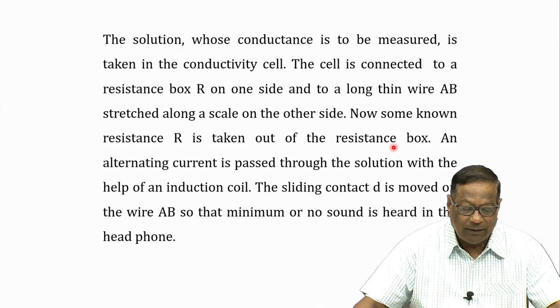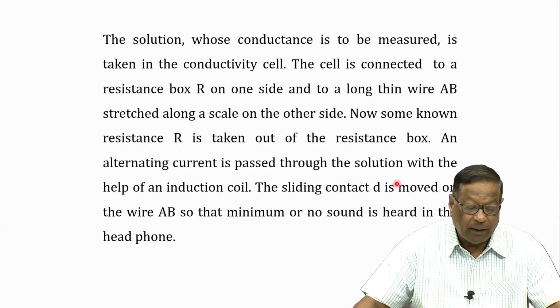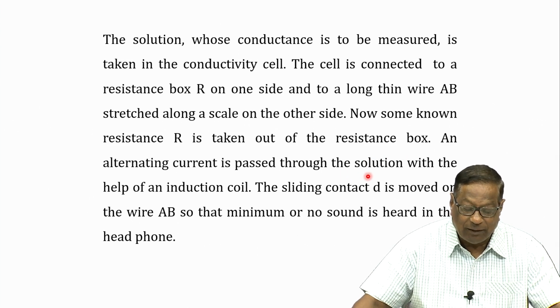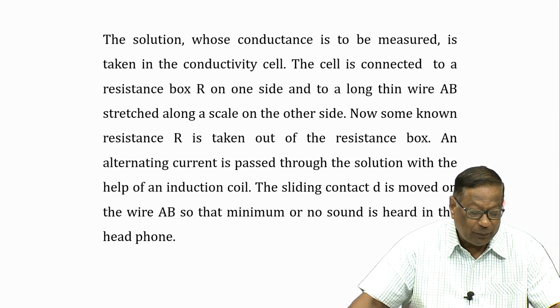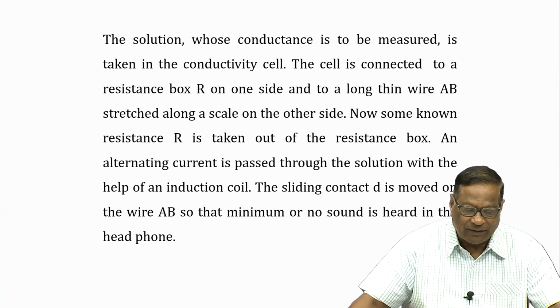On one side you can see the reference resistance box, and a long thin wire AB stretched along the scale, just like Wheatstone's bridge. Some unknown resistance R is taken out of the resistance box and alternating current is passed through the solution with the help of the induction coil, and the sliding contact D is moved on the wire AB so that minimum or no sound is heard in the headphone, that is when the bridge is balanced.